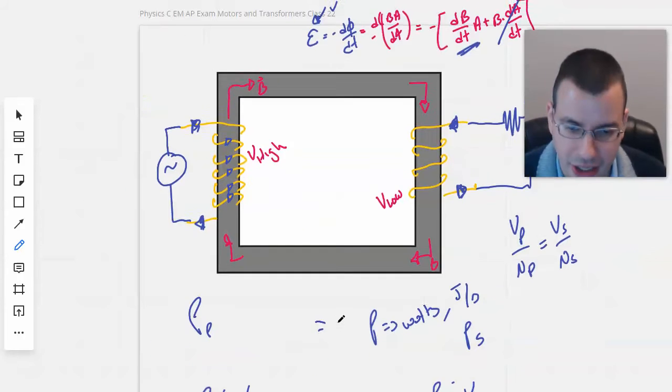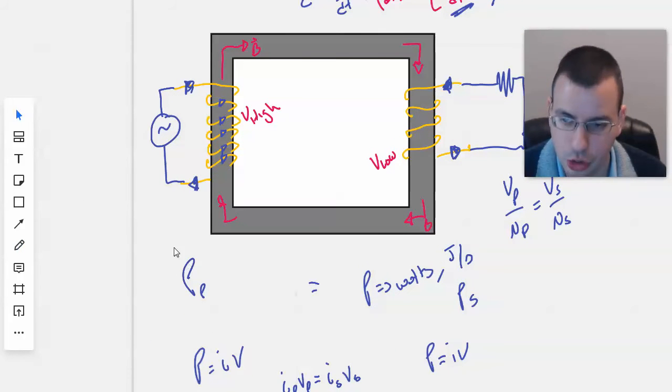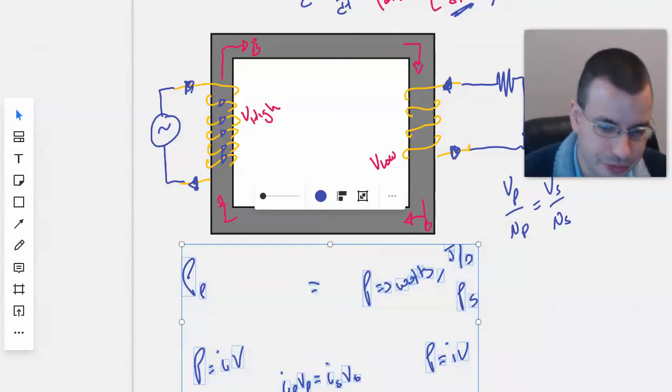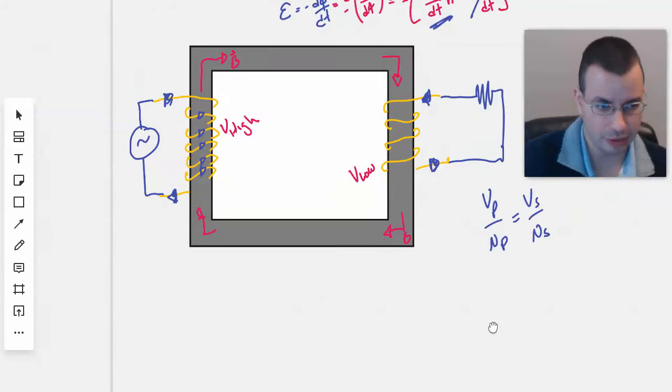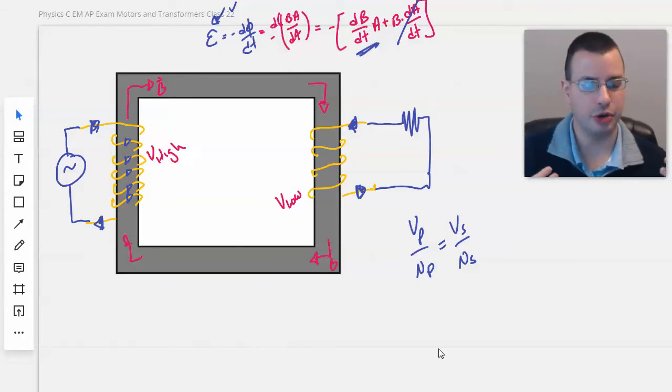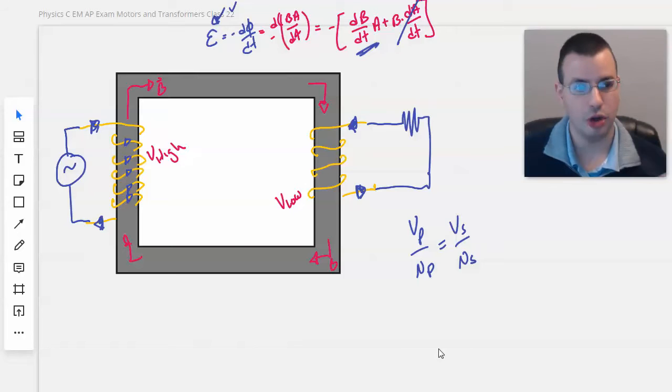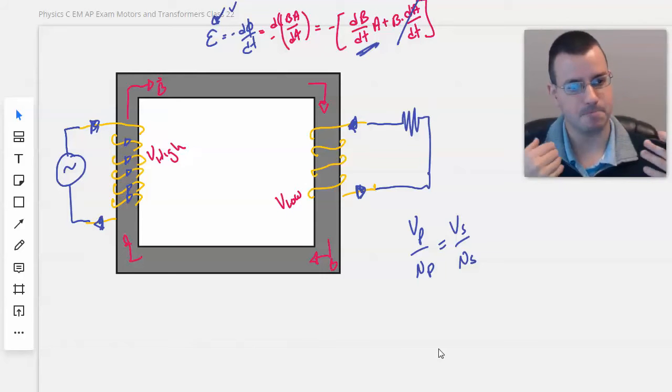So the idea is a power plant will create a reasonable voltage. It will then go through a transformer. In power plants, they almost always create alternating current. And the reason power plants create alternating current is because they use rotating machines to generate this, generators. And rotating machines lend themselves easily to creating alternating current, the whole sine curve thing.